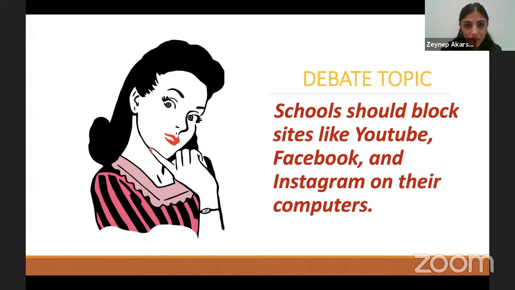There should be an awareness about the use of media literacy. Correct. And there is another one: blocking makes students even more curious. Yes. I'm not sure if blocking these platforms would make a better atmosphere. Yeah, they're mostly against blocking them.